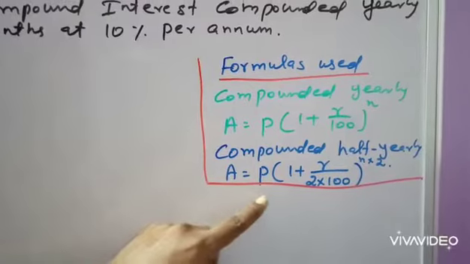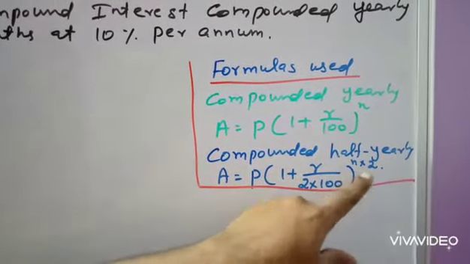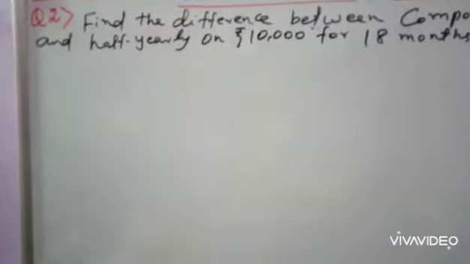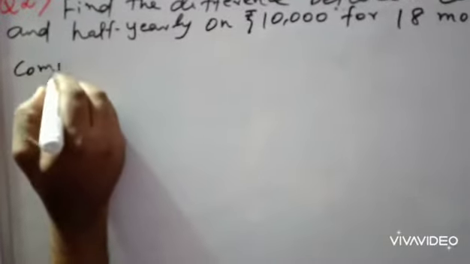So formula A equals P into (1 plus R by (2 into 100)) power n into 2. So here we are going to calculate this in two steps. First, compounded yearly.